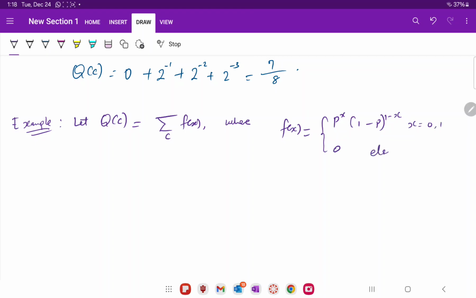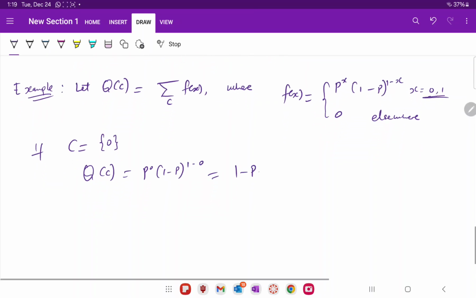So take note we really have x as 0, 1, any other thing you have it to be 0. So if C equals the set 0, then the Q of C will only be on when x equals 0, and that will be p to the 0 times 1 minus p to the 1 minus 0. There's no p naught, that is p raised to 0. So here we are going to have 1 minus p.